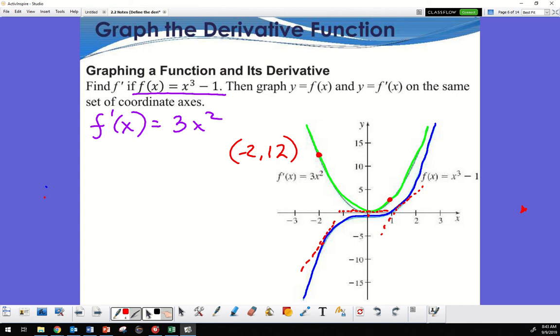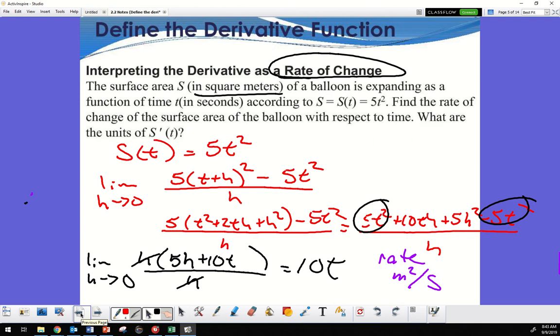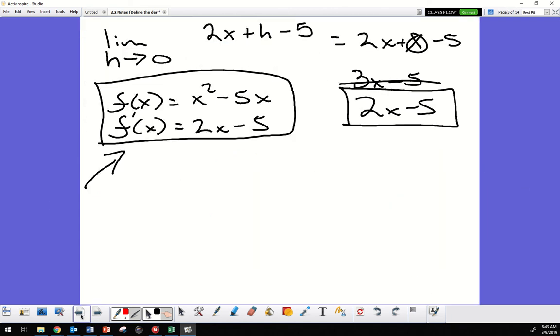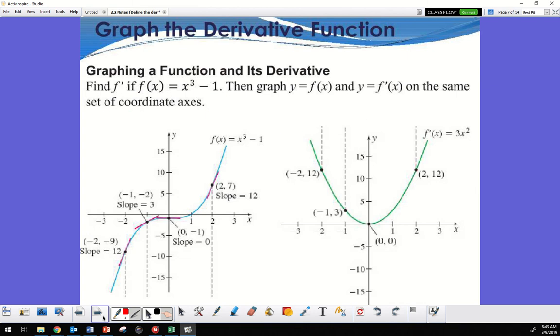Watch this. X squared, x to the first, right? And then if it's linear, then it's just the slope. X squared, and then just x. All right.